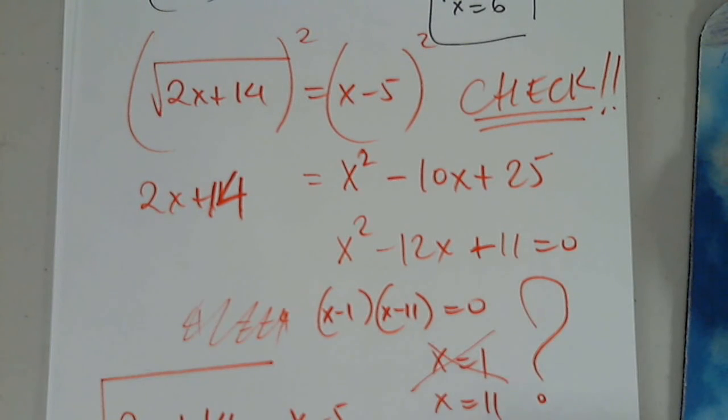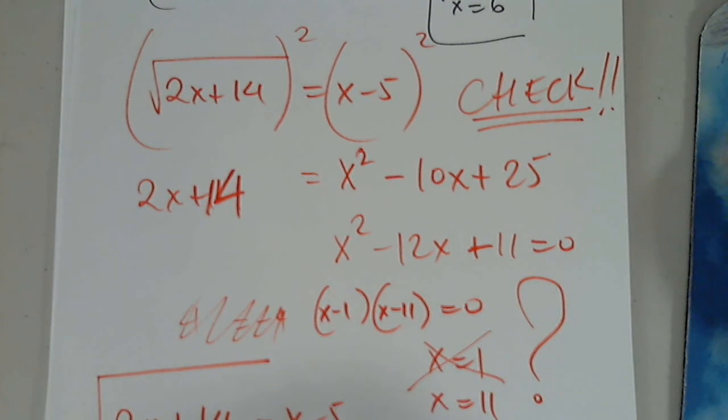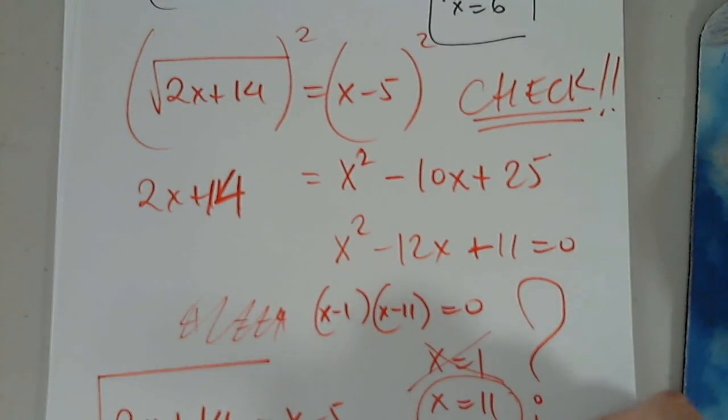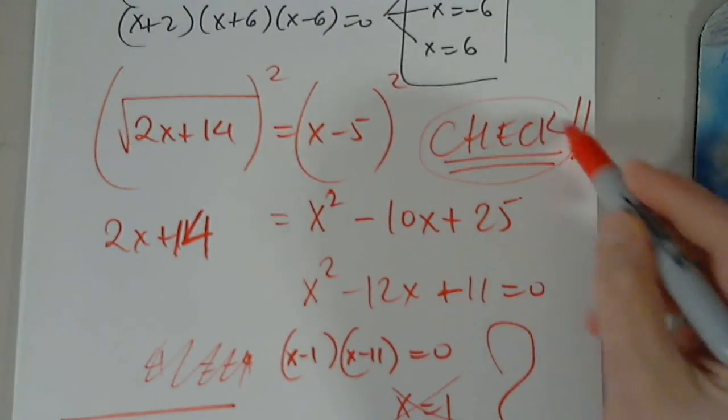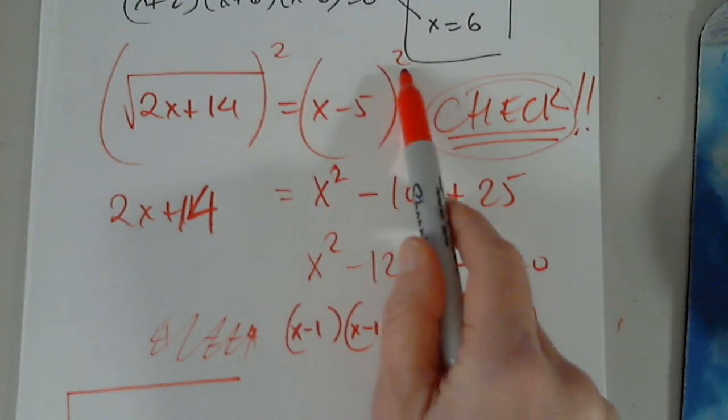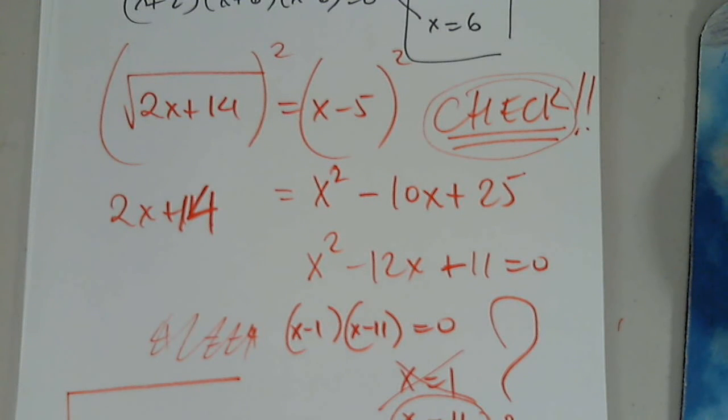No. With 11, 11 minus 5 is 6. 22 plus 14 is 36. The square root of 36 is 6. Yes. So see how important this is? Because we used a procedure that may or may not give us the true solutions. But we don't have another method. We have no choice.